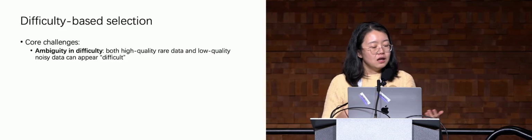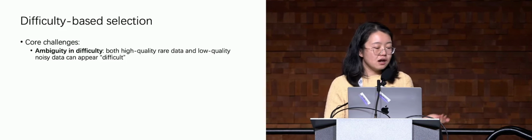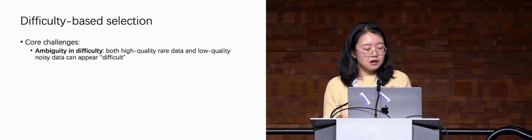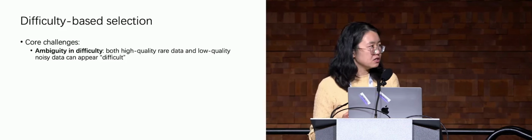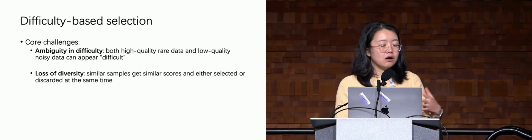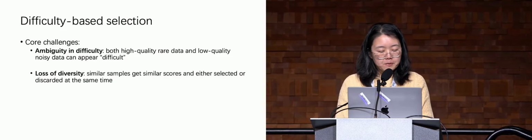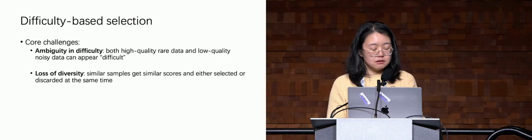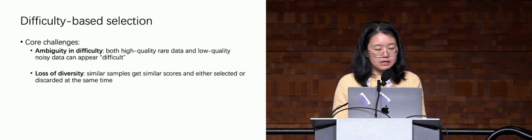You can look at the loss under the current model, which tells you how difficult the sample is for the current model, and then you can rely on some external reference model, denoted by theta ref, to characterize how difficult this sample is inherently. All right, and this idea has been utilized by token-level selection.